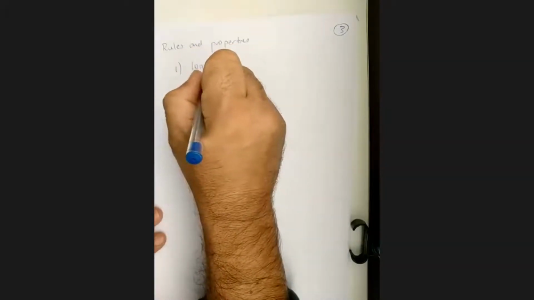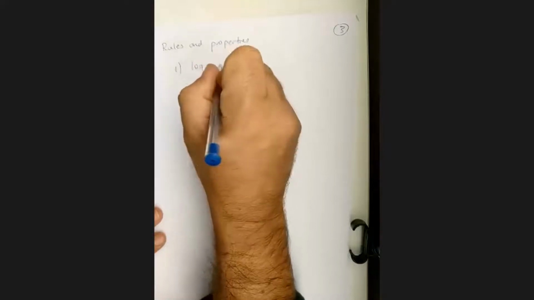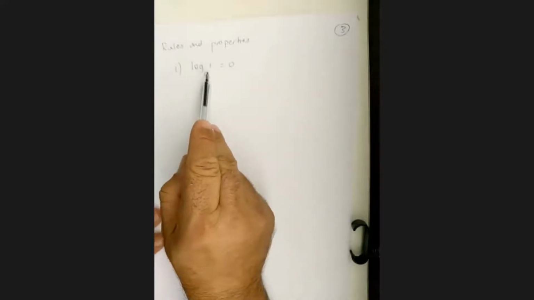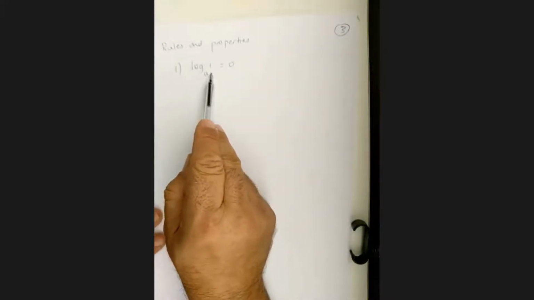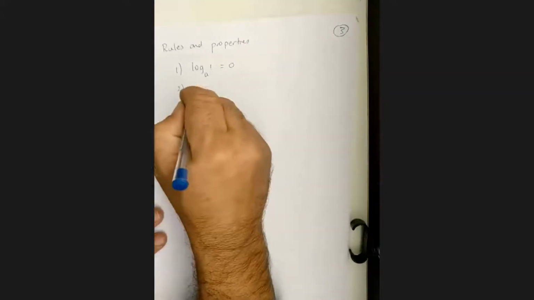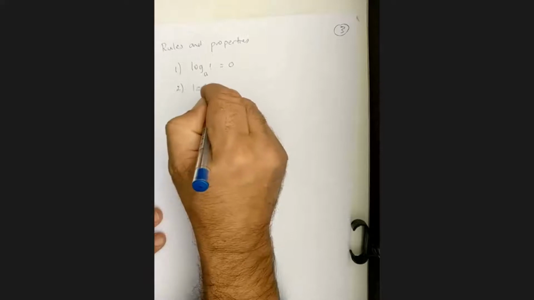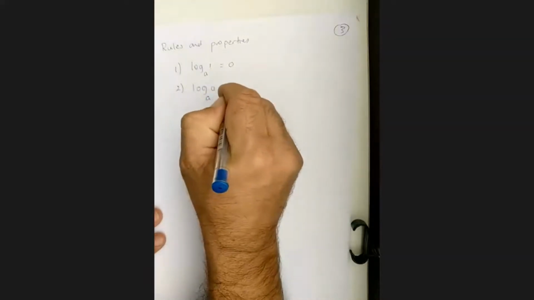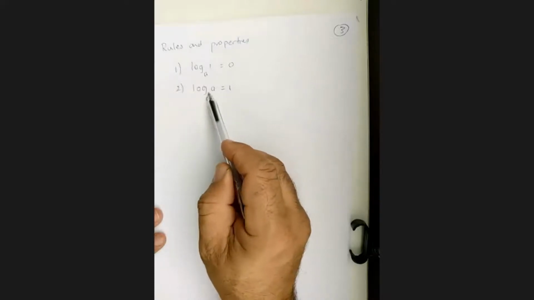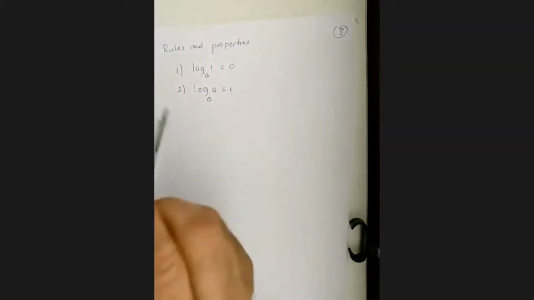Logarithm of 1 to base A is 0, always. If we have 1 there, it does not depend on the base, it is always 0. 2. Logarithm of A to base A is always 1. If these are equal to each other, it is equal to 1.